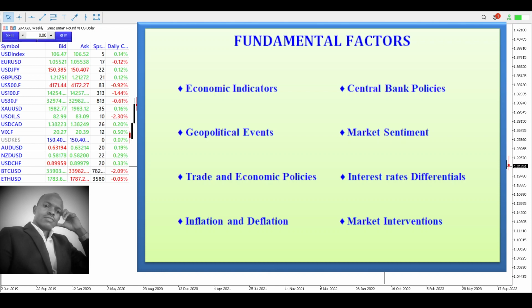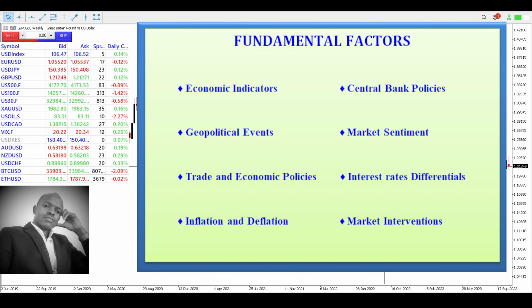The other fundamental factor is trade and economic policies. Trade policies and trade relations between countries can impact currency values. Tariffs, trade agreements, and trade disputes can affect export and import dynamics, thereby influencing the exchange rate of a currency.